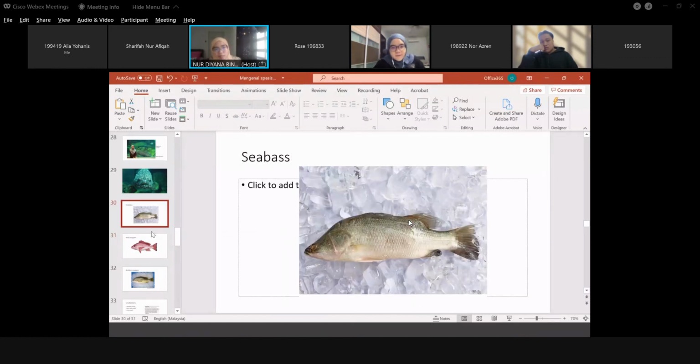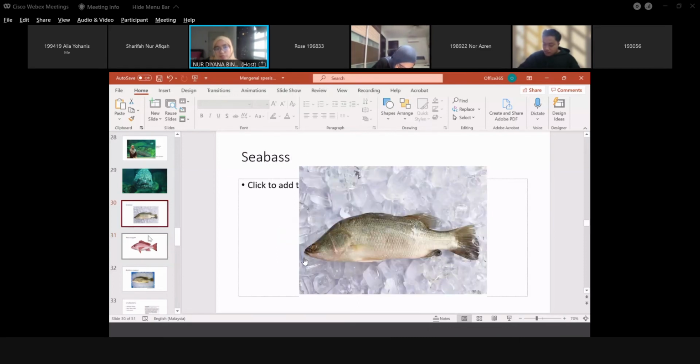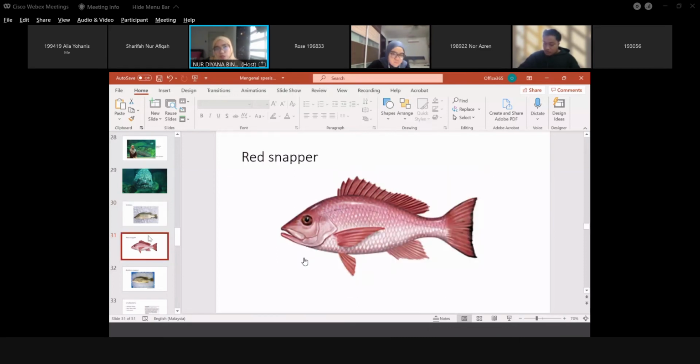Red snapper is also known as cherry snapper. This fish, the snapper, is also used for your fish and chips. So snapper fish fillet will be slightly more expensive than your pangasius.